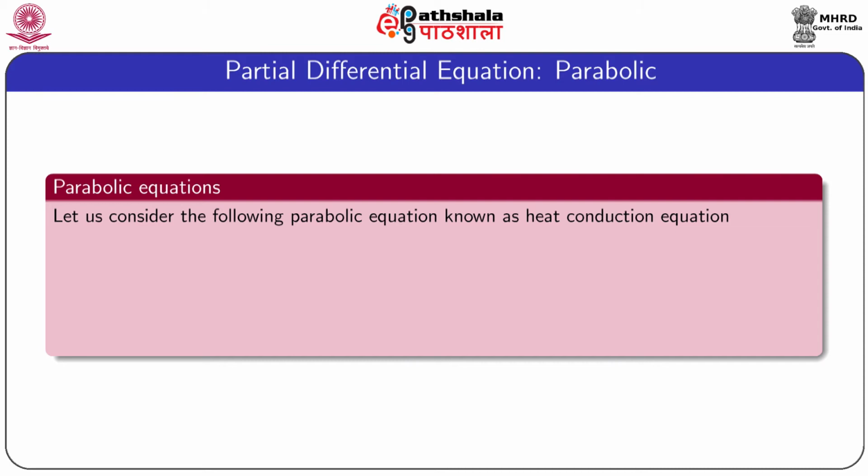Now we consider the parabolic equation, which is to be solved by the finite difference method. Let us consider the following parabolic equation known as the heat conduction equation. This is the simplest example of a parabolic equation we have mentioned in the previous slide.